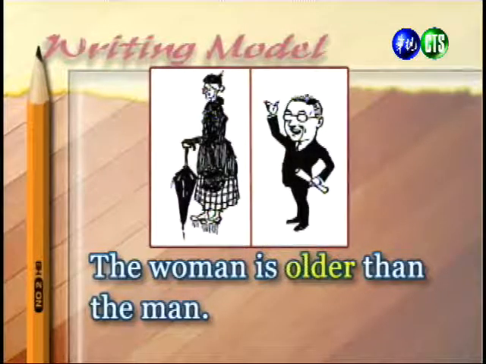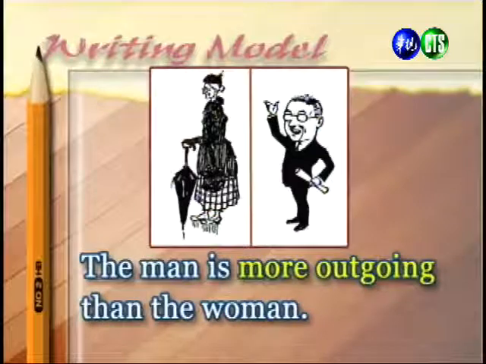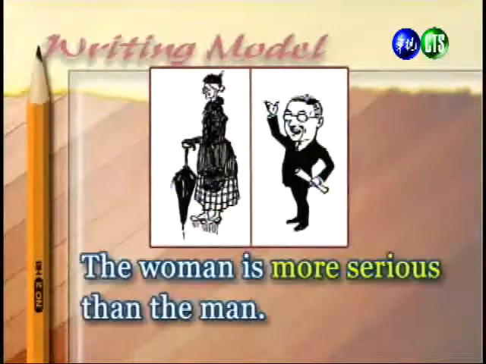We also said that the man is a politician. He likes to talk to people. So how about this sentence? The man is more outgoing than the woman. As we look at the face of this woman, she seems like a very serious person.